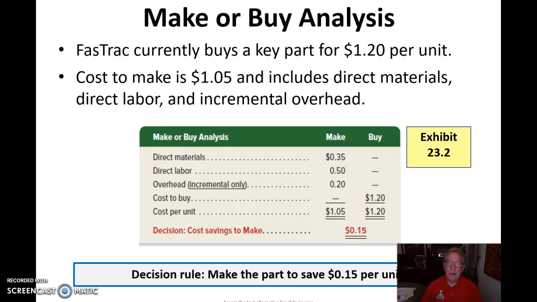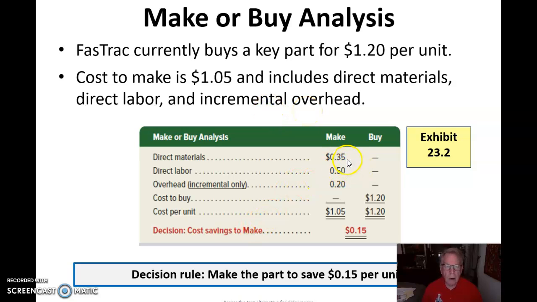Okay, let's look at a make or buy decision. And here, Fast Track is currently buying a key part for $1.20 per unit. And the cost to make it is $1.05. And it includes direct materials, direct labor, and incremental overhead.